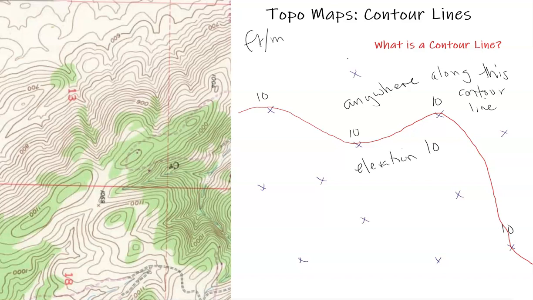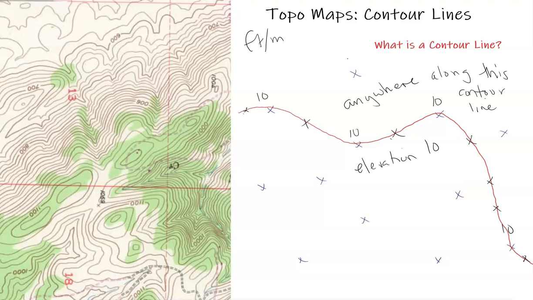So even though I have the original 4 locations that have the same elevation, anywhere along this red line, the contour line tells us that it has to be 10, because the contour line only goes where the elevation is 10 feet. It doesn't deviate or move or change elevation. It is always set at 10. So anywhere along this line is 10. If I stand here or there, it's going to be 10 elevation.